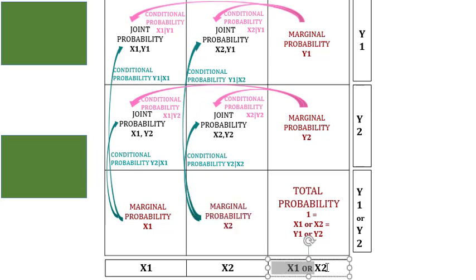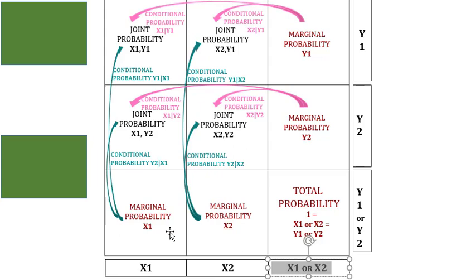Now here I put x1 or x2, and that is an application of the sum rule. We said that the probability of x1 or x2 equals the probability of x1 plus the probability of x2 minus the joint probability of x1 and x2. But here we know that x1 and x2 are mutually exclusive events.